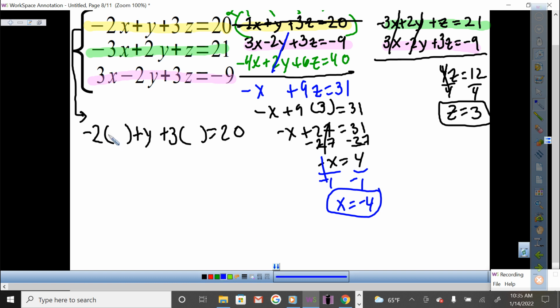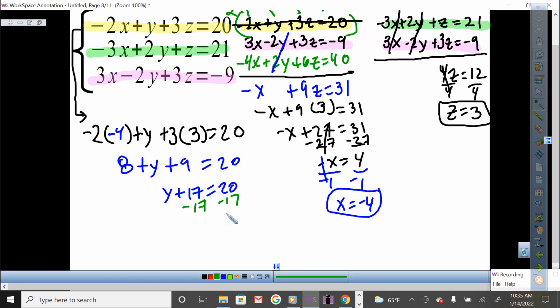So we got negative 4, and for z we got 3. So we have now 8 plus y plus 9 equals 20. Combine like terms, y plus 17 equals 20. So therefore minus 17, y equals 3.